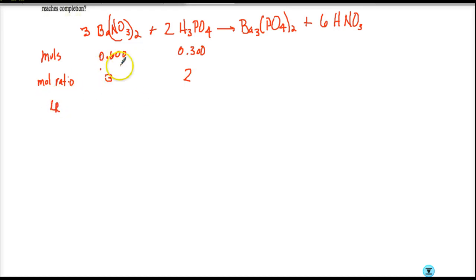Limiting reactant, I'm going to divide those two, and here I'm going to come up with 0.2. And then I'm going to divide the other side, and I'm going to get 0.15.